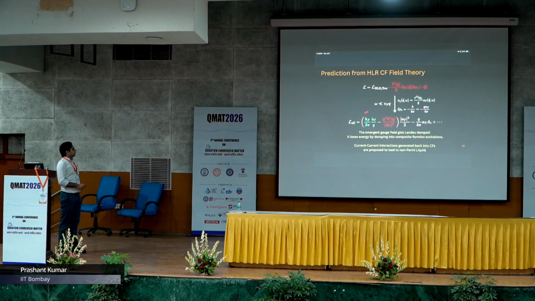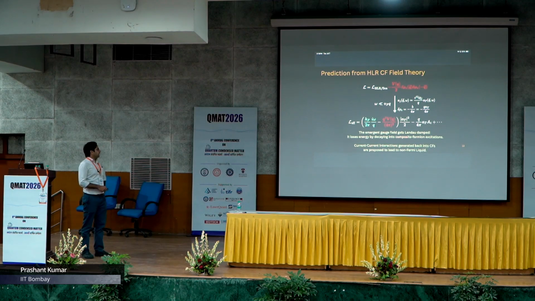So what you see here is that the emergent gauge field is acquiring dynamics from the composite fermions, but these dynamics are damped dynamics. So whatever fluctuation of emergent gauge field you have, it will decay into the composite fermion excitations. It will lose energy by decaying into those.